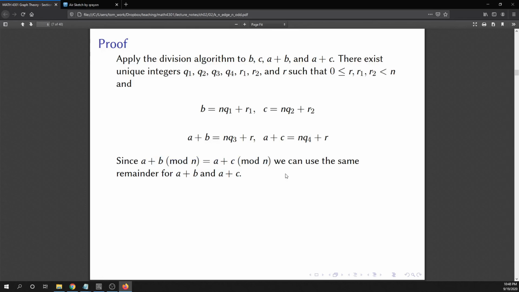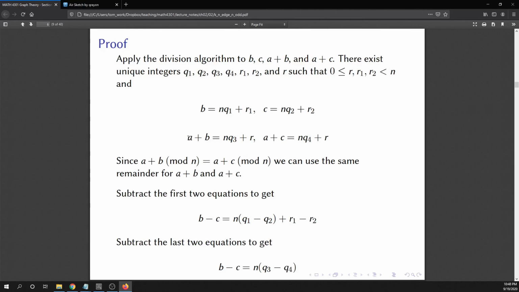Okay, so next up, what we would do is start subtracting these equations. Here I'm going to subtract B minus C and do the same thing on the right side. I would get n(q1 minus q2) plus r1 minus r2. And then do the same thing with the second equation.